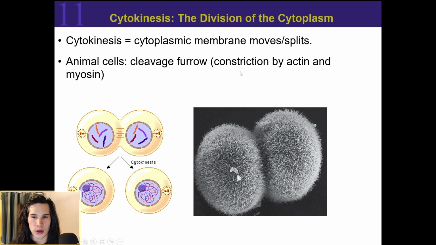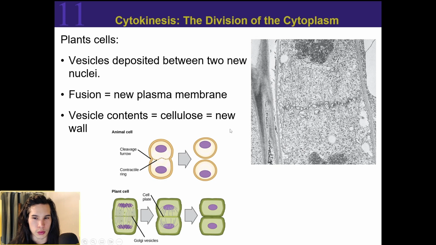So you get a cleavage furrow, and it's due to constriction by actin and myosin, which are types of proteins that are components of your cytoskeleton, proteins that help compose your cytoskeleton.